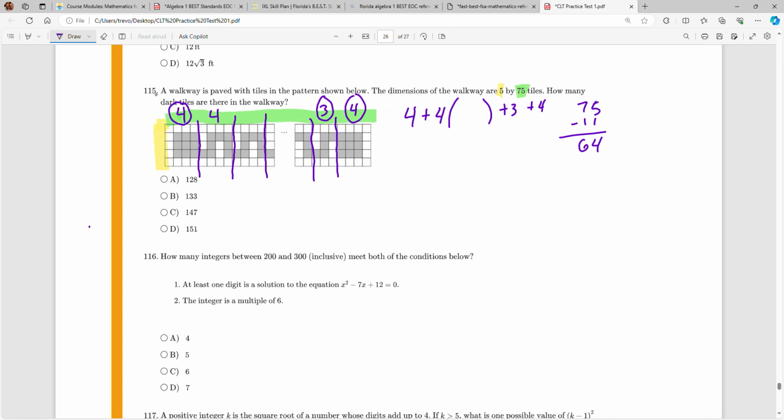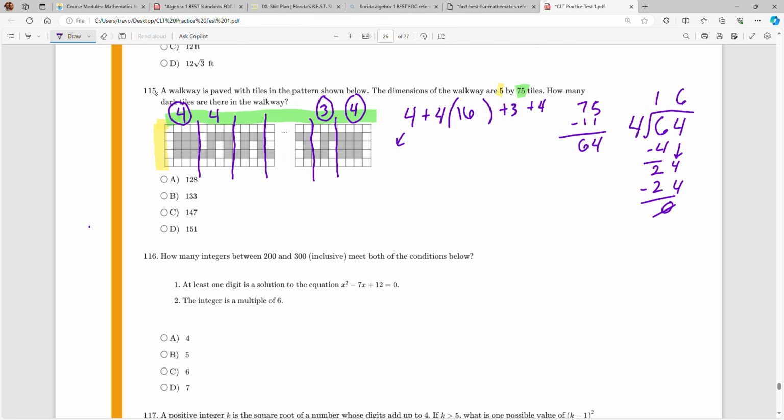So I know my pattern is repeating 64 divided by 4, because there are 4 tiles in there. 4 goes into 6 one time, minus 4 is 2. Bring down the 4. 4 goes into 24 6 times, no remainder. So the pattern repeats 16 times.